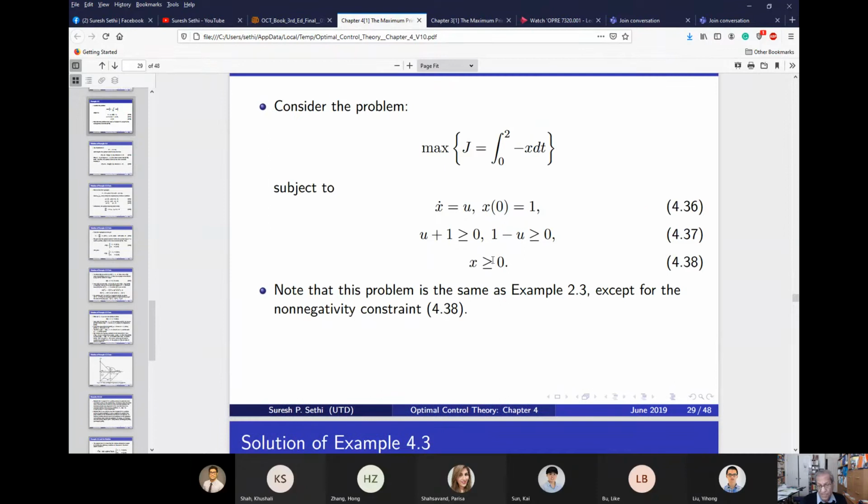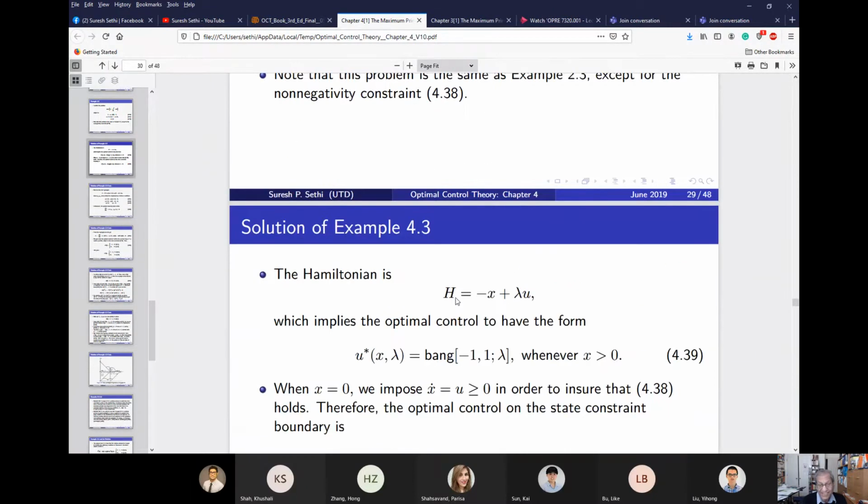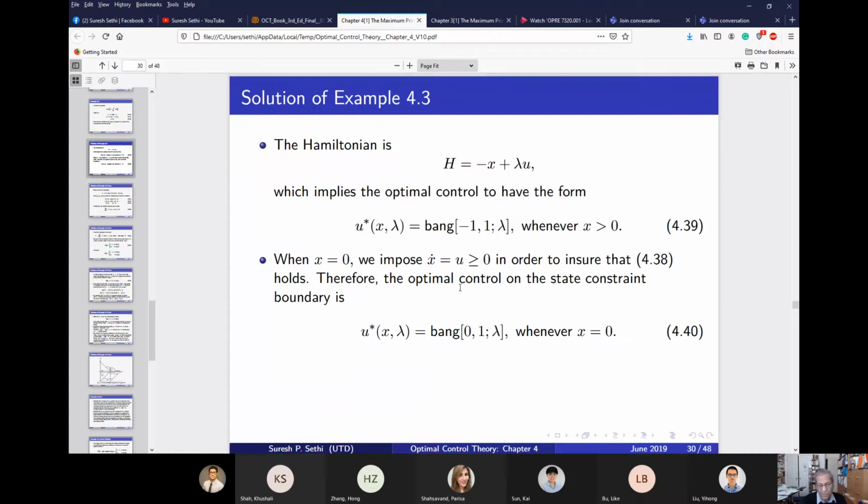Because I need to make x bigger than or equal to 0. So if I'm on the boundary at x equals 0, I need x dot to be bigger than or equal to 0. And x dot is u, so u bigger than or equal to 0, so minus is not allowed, so I put this here. This is the first part that changes. You see, we already have a change from the previous chapter 3. The bang-bang control has two forms, one on the interior, one on the boundary.